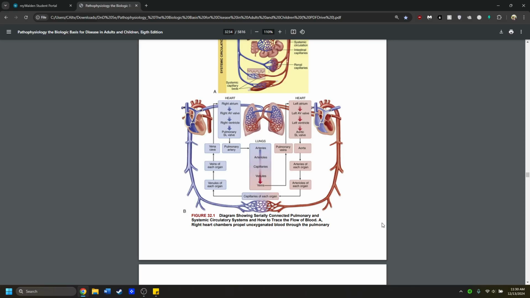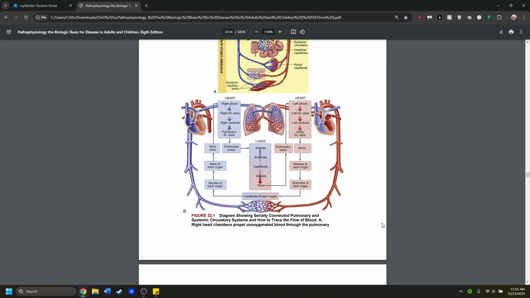Once that blood enters the lungs via the arteries and arterioles, all the way through to the capillaries, we have that inhale-exhale exchange of gases between the capillaries and the venules. It goes back into our veins via the pulmonary vein into the left atrium.